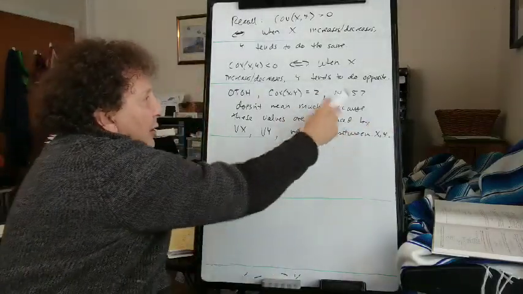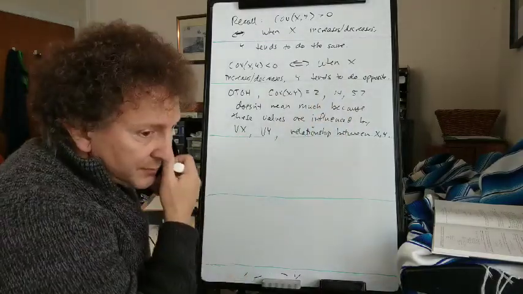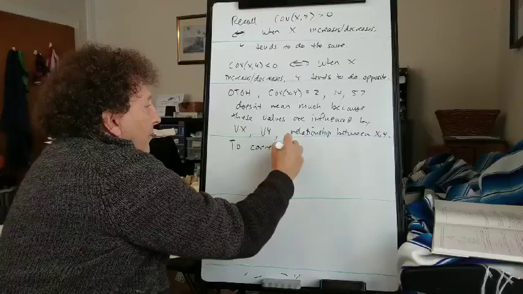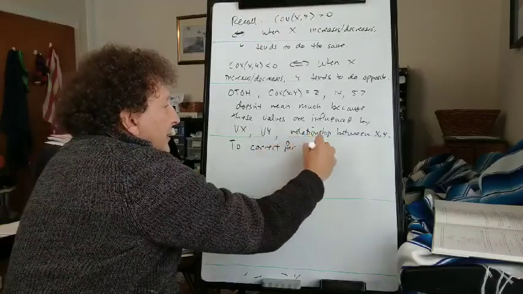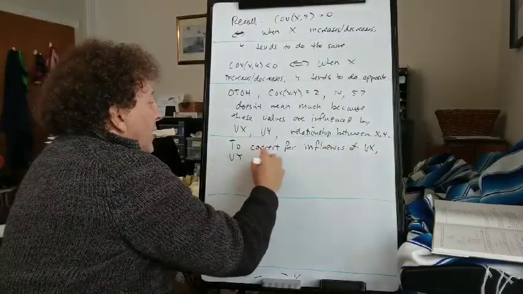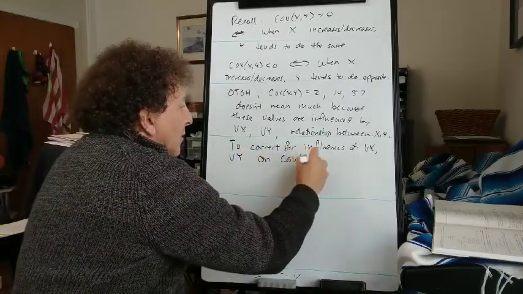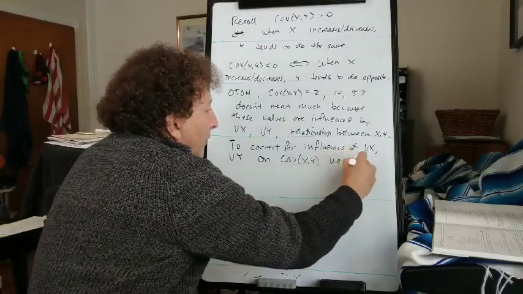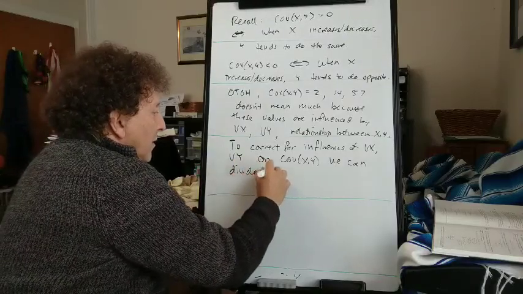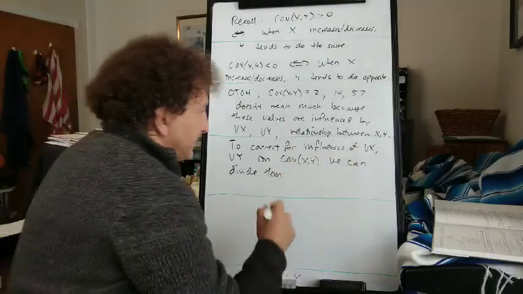So if we have a very large value, it doesn't mean that there's a very strong relationship. It could mean that one of these variances is very high. So to correct for the influences of variance of x and variance of y on the covariance, we can divide by them and get something that really just tells us about the relationship between x and y.